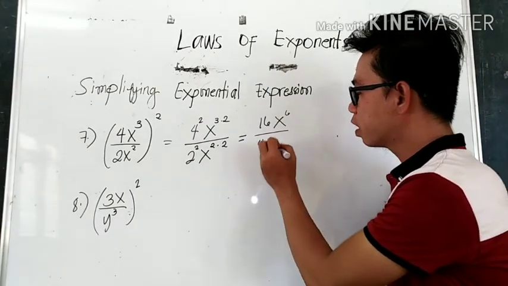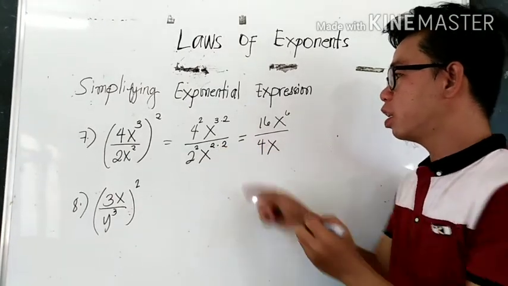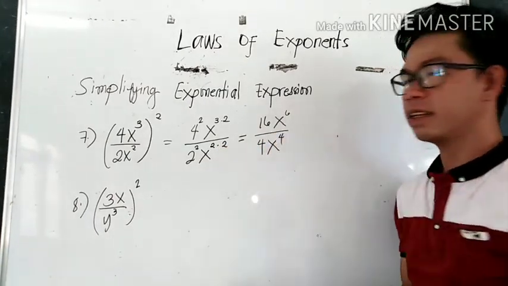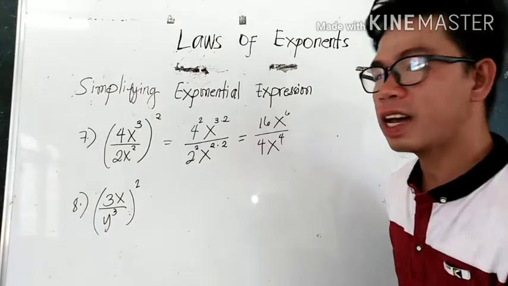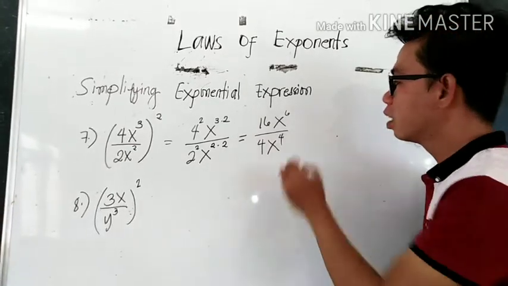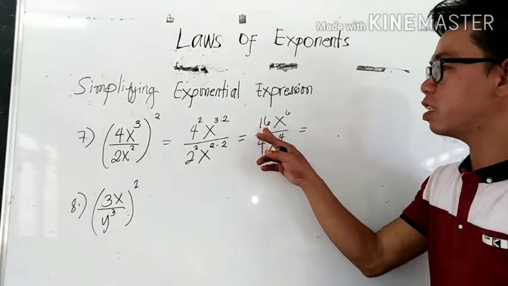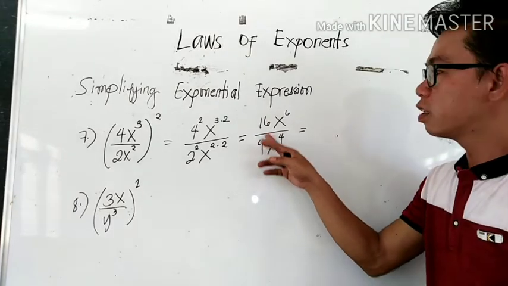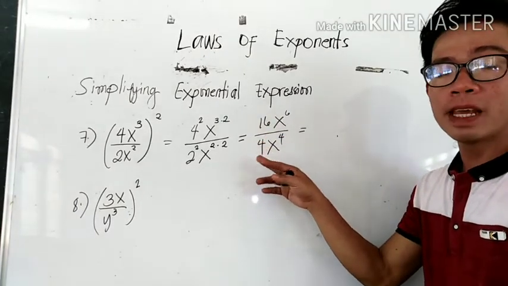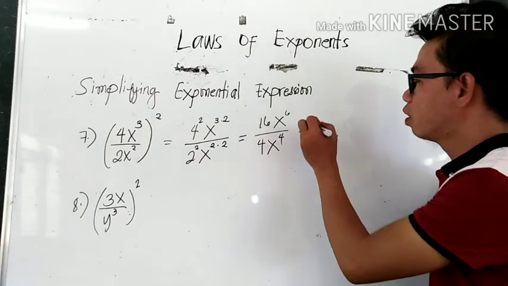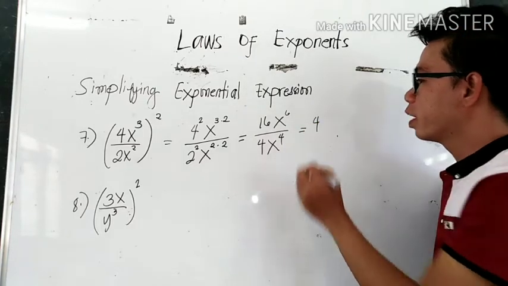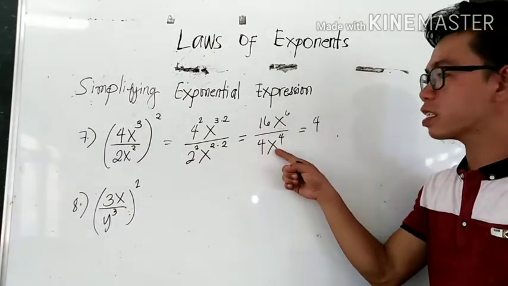Then x, 2 times 2 is equal to 4. Now we will use the division rule. We have coefficients 16 and 4. So 16 divided by 4 is equal to 4. Now we have the same variable, x.